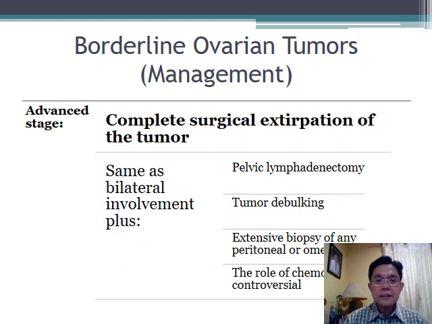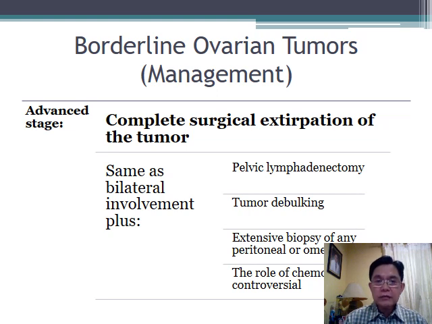In advanced stages of borderline ovarian tumors, that means higher than stage 1A, or stage 1B and above, then the standard treatment is complete surgical extirpation of the tumor, and that involves total abdominal hysterectomy with bilateral salpingo-oophorectomy.